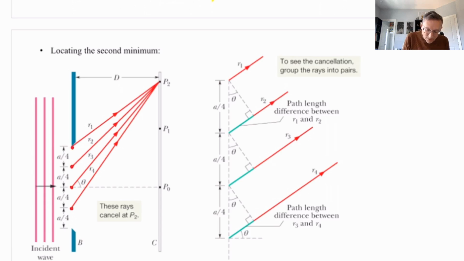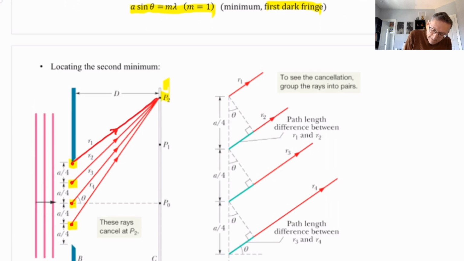Okay? The top source in the topmost slit, then the top source in the next slit down, then the top source in the next slit down, and then the top source in the bottom slit. And you draw a ray going to the point P2 now, locating the second dark fringe.